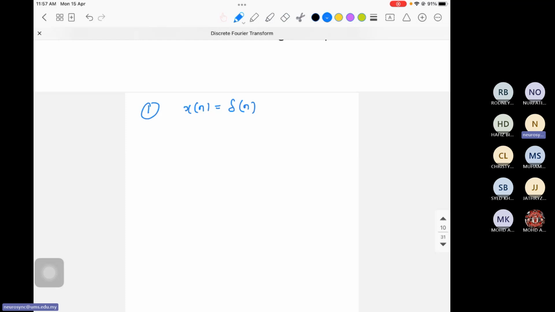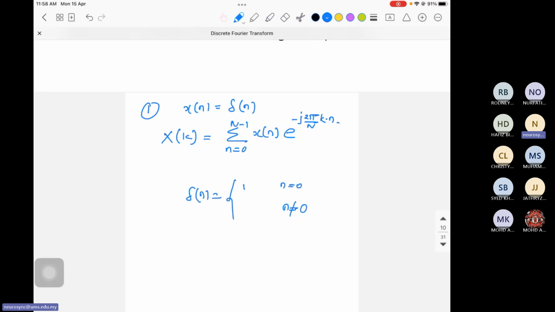Now for this type of signal, if you apply DFT, what will you get? X of k is what? Summation from n equal to 0 to n minus 1 x of n e to the power minus j 2 pi n k into small n. Now for delta of n, we know that we have value 1 for n equal to 0. If n is not equal to 0, then it is 0. So we only keep n equal to 0 here, otherwise the values are zeros.